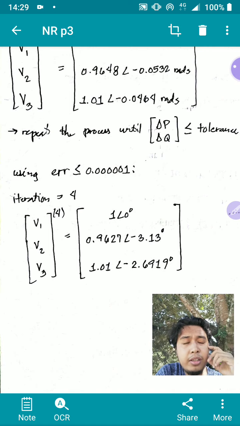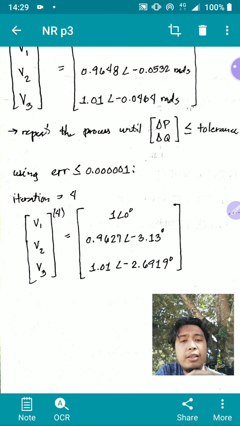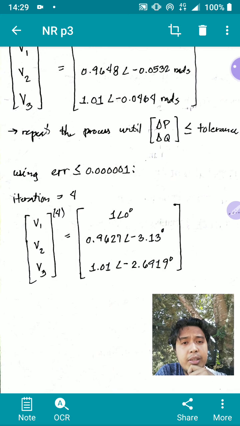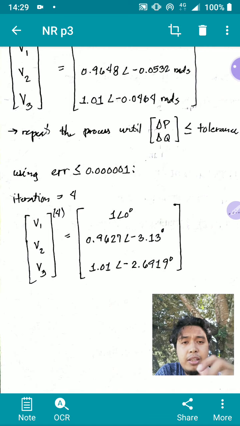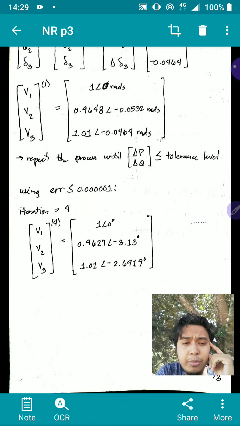The complexity of Newton Raphson is a lot higher than Gauss-Seidel because of the partial derivatives, but you'll still end up with basically the same answer, the same voltages.